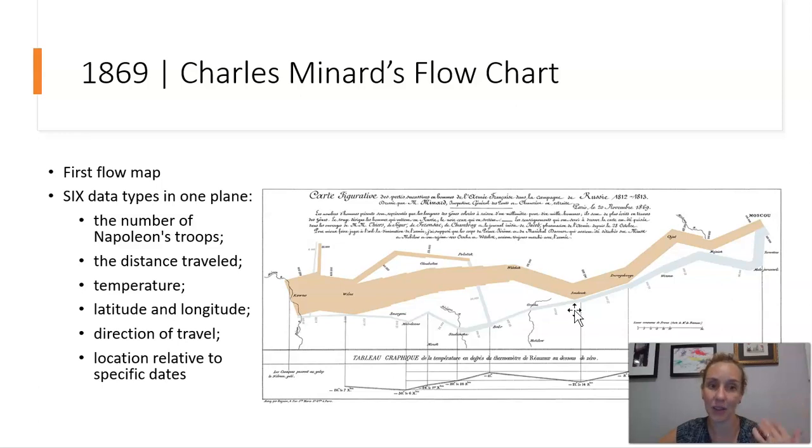He's showing the distance traveled. He's showing the temperature, right? Down here. He's showing the number of people. He's showing the direction of travel. Brown is going out, blue is coming back, right? So he's cramming all of this information into here. And it's based on a line chart, but it's this huge deviation that also uses color and shape and volume and all of these amazing things.